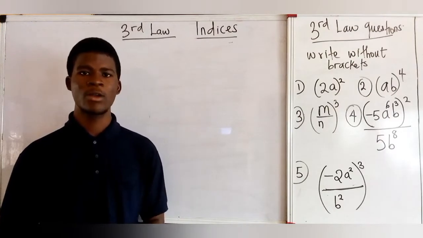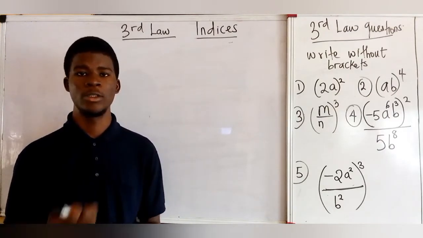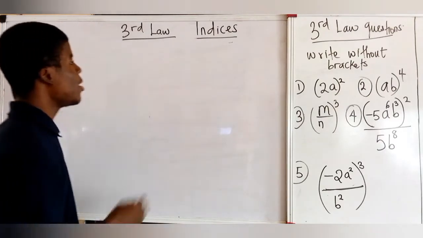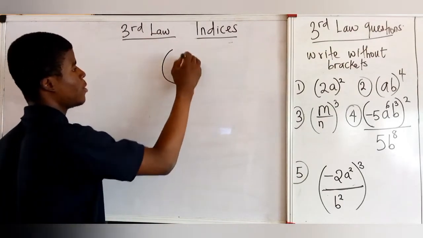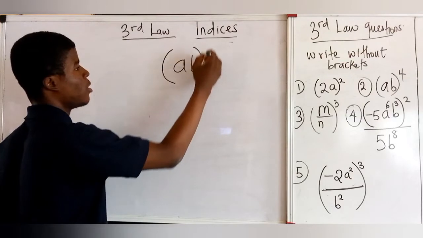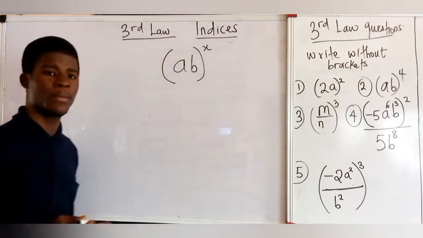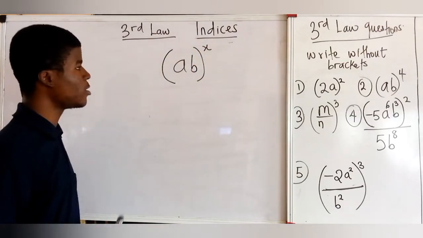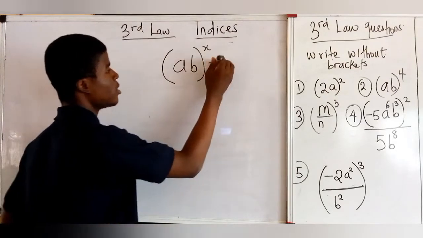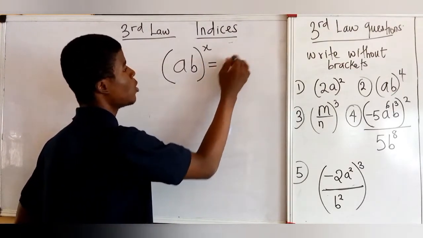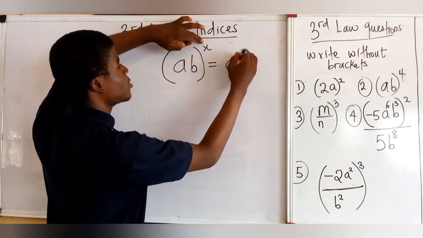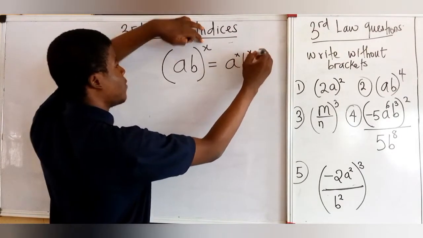Okay, so let's talk about the third law of indices. The third law. Now this is it. If I have a term, I have a multiplied by b all raised to the power of x, for example. The law of indices states that this same expression is equal to a to the power of x times b to the power of x.